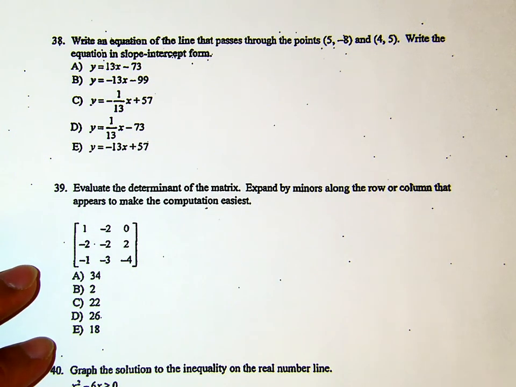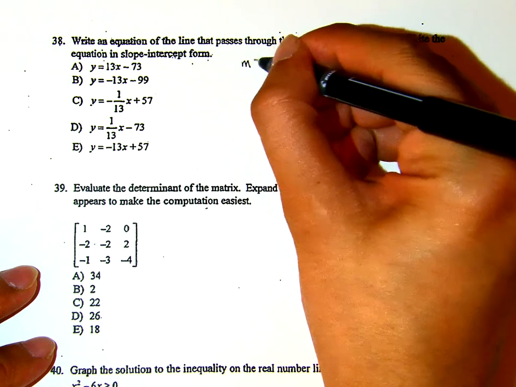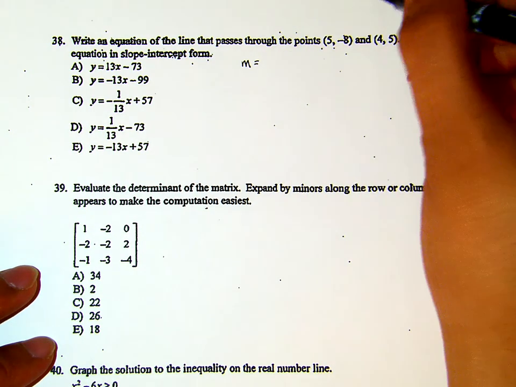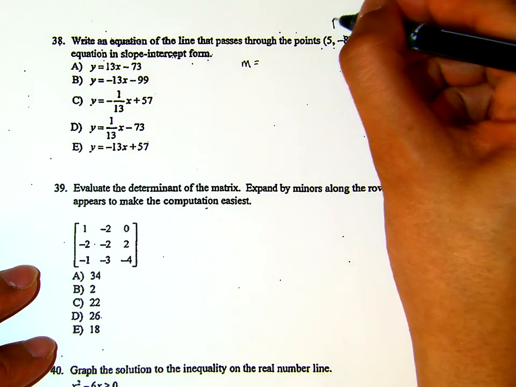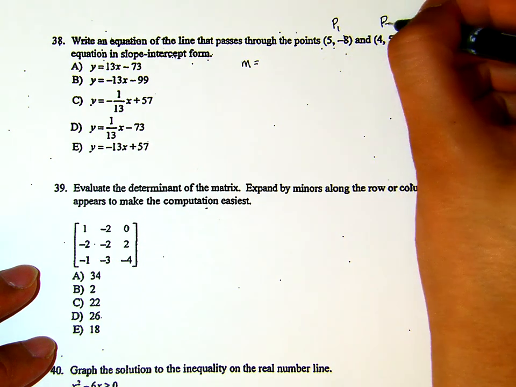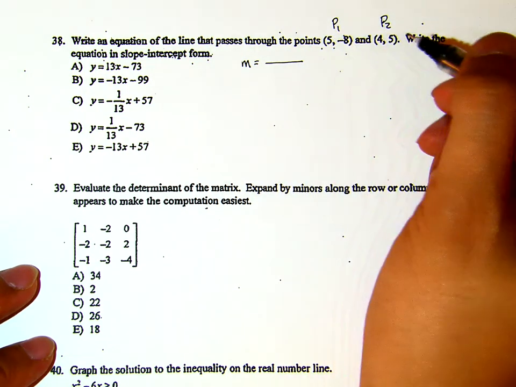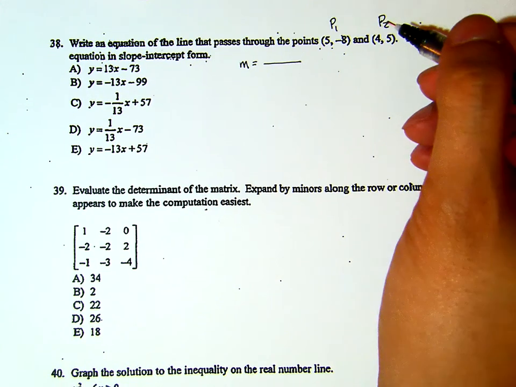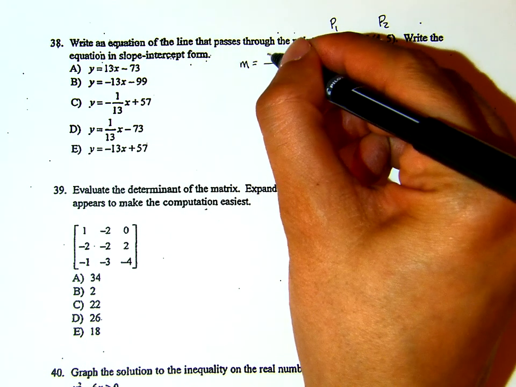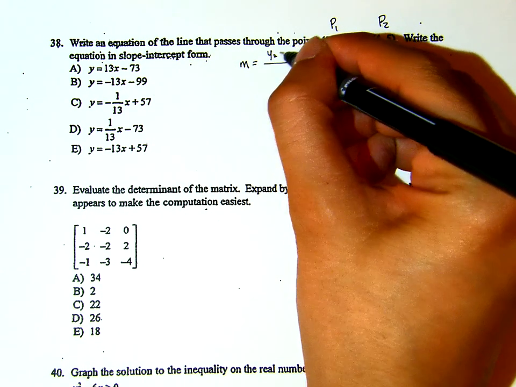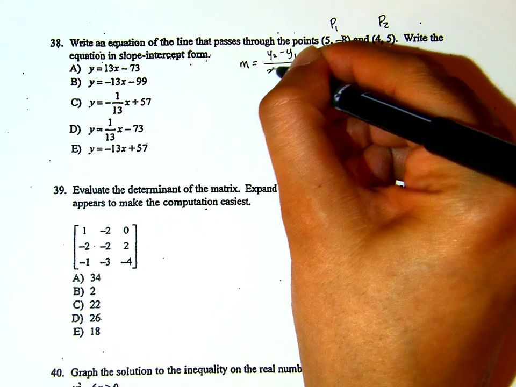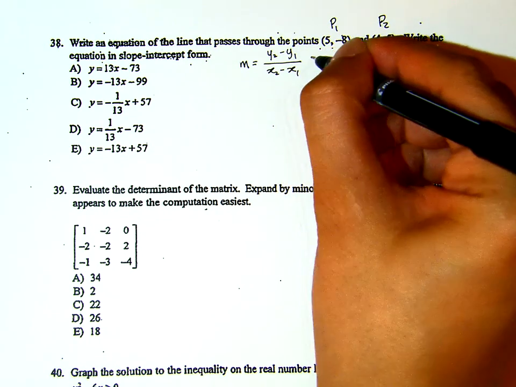Now, the first thing I will do is to find the slope of the line. Let's first call this the first point and this is the second point. Therefore, the formula for the slope is y2 minus y1 over x2 minus x1.